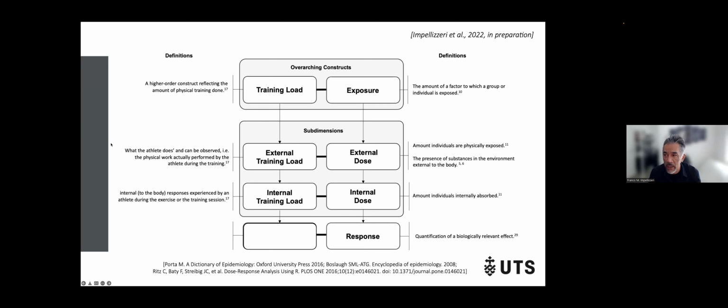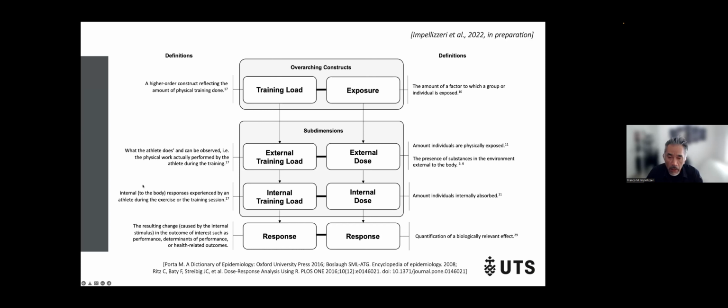If you think about training, we can have two cyclists training at, let's say, 200 watts, the same external load, but the internal response, how they physiologically cope with that amount, may be different because of different characteristics. And these characteristics, like in epidemiology, can change over time. So that's the reason why these two concepts are associated.